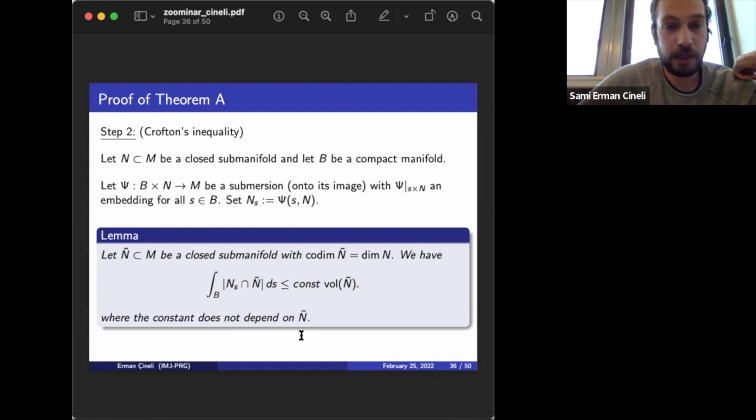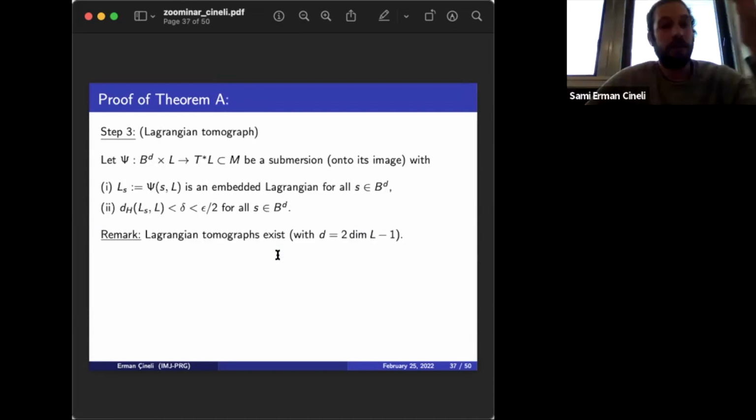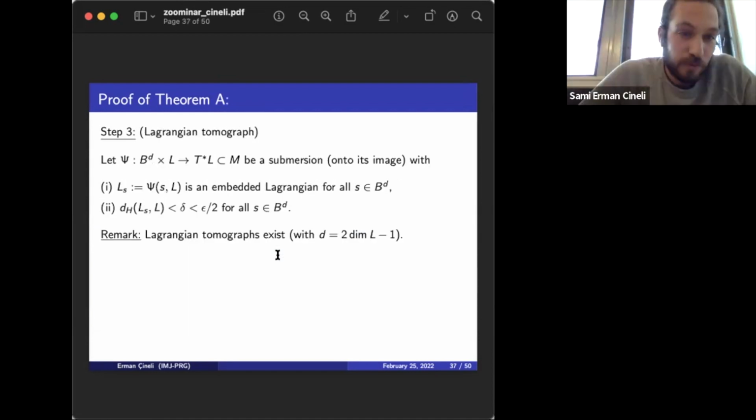Okay, now we will apply Crofton's inequality to our setting. We call a map psi which satisfies these properties a Lagrangian tomograph.